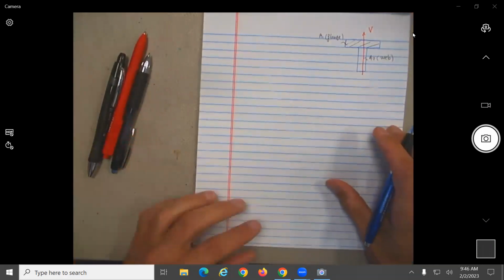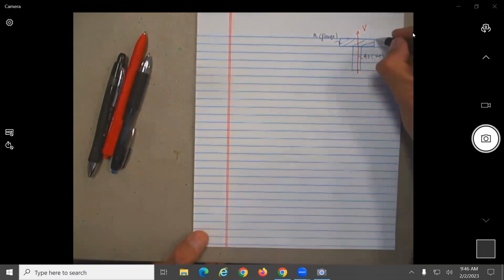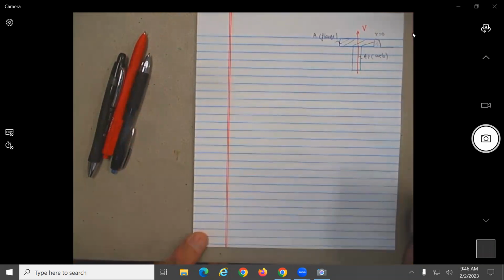Okay, so we were talking about how the distribution of the shear would be, and we probably did something like this. I'm guessing that was going from 0 at the top here to a value, and then there was a jump over here due to the thickness. All right, and then I said, okay, that's very good to look at the distribution, but really in this case what I wanted to see is how much of the shear force was on the flange and how much of the shear force is carried by the web.